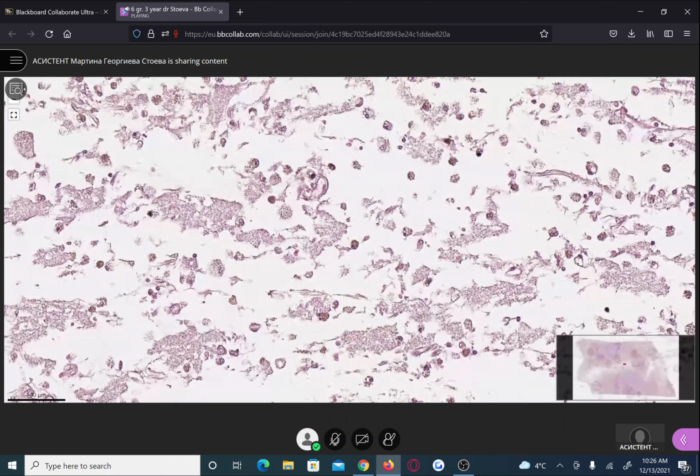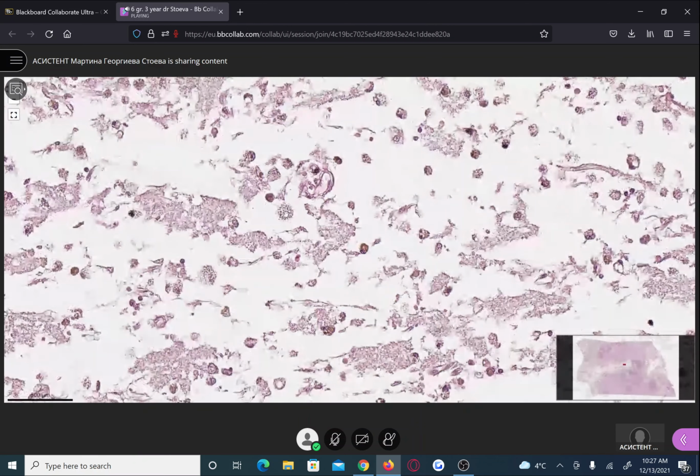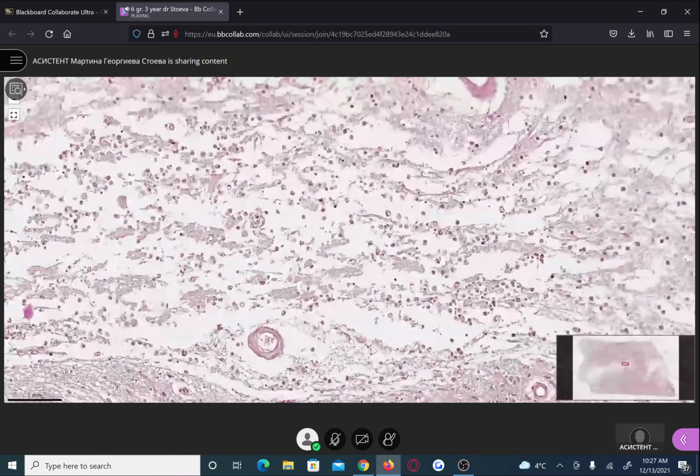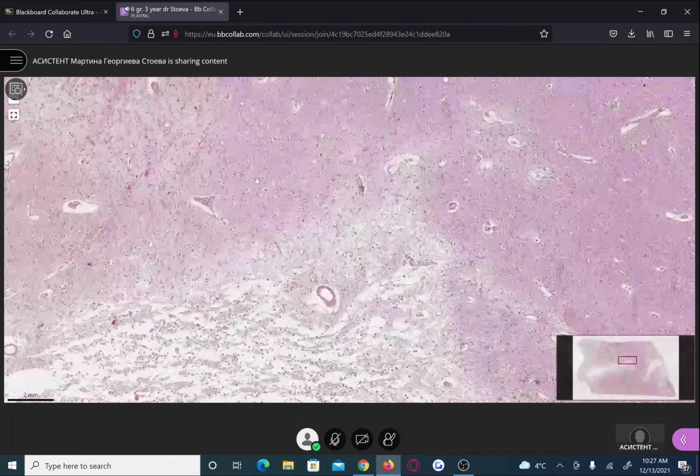There is a question here how we can recognize if this is an old infarction or a fresh one. And yes, only the presence of macrophages and the absent necrotic tissue. If it was a fresh infarction, there will be an area of the brain parenchyma with necrotic cells.